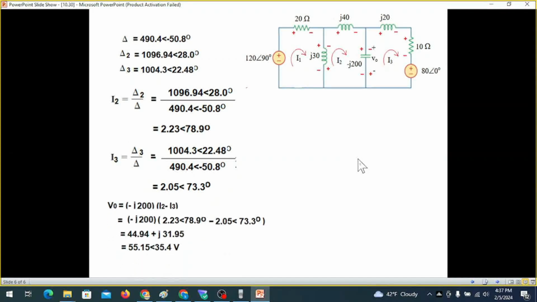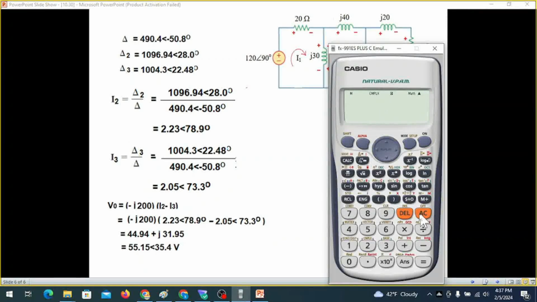From here you can see this voltage is minus J20 into I2 minus I3. We have put in this value, and this also we will solve with the help of the calculator.